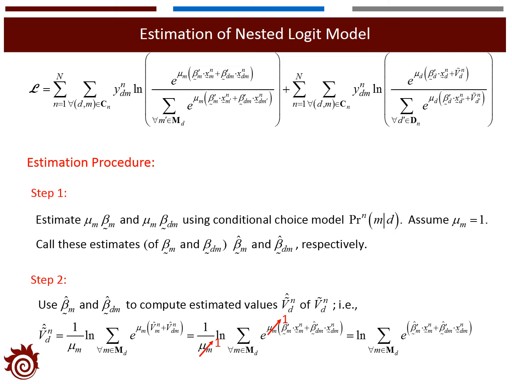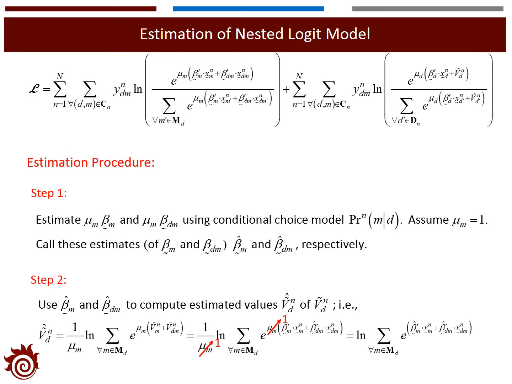The second step, we will consider using the estimated beta m hat and beta dm hat to compute the estimated value of the log sum term. We say that it's VD hat to represent the VD. For VD hat, we can apply the equation here to complete the estimation.